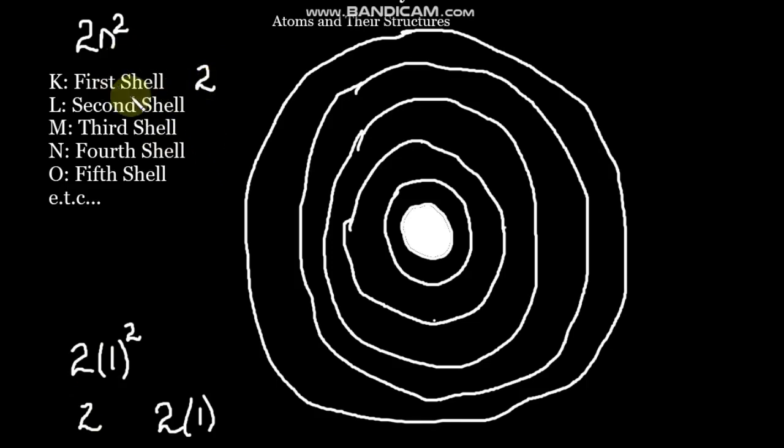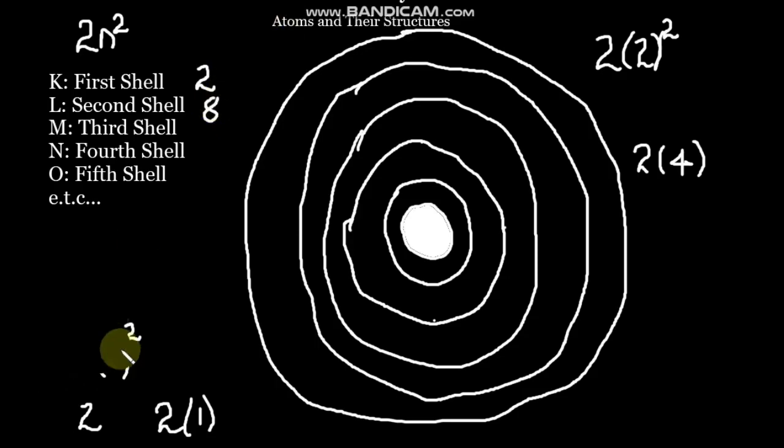The second shell contains 8 electrons. 2 squared is 4, and 2 times 4 is 8. So this one is confirmed. It keeps going.